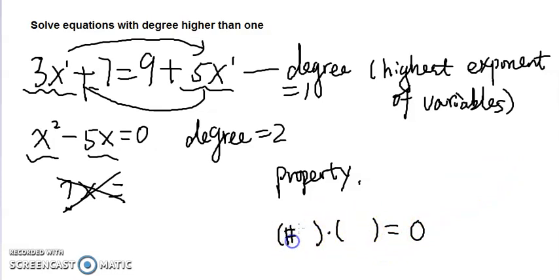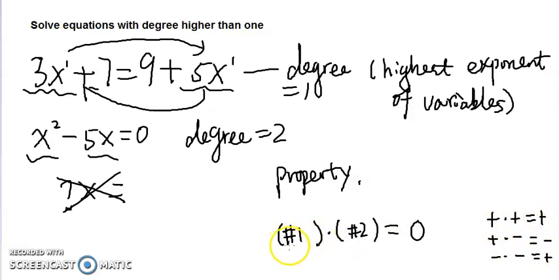Let's call them number 1 and number 2. Notice that when we multiply two positive numbers, we get a positive, not 0. If one is positive and the other is negative, we get a negative, not 0. When we multiply two negatives, we also get a positive, not 0.